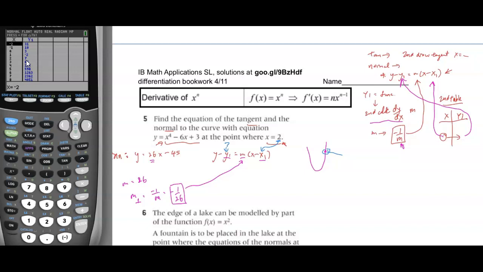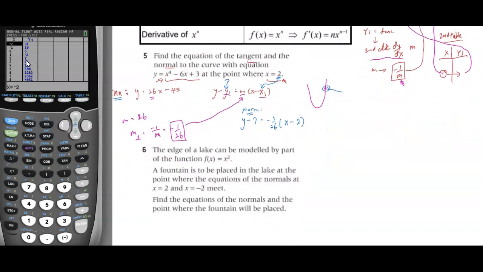Now I can rewrite the whole thing. I can write y minus 7 equals negative 1 over 26 times (x minus 2). There we go. There's my normal line equation. Okay, so tangent line equation here, normal line equation here. All right, let's go to the next one.